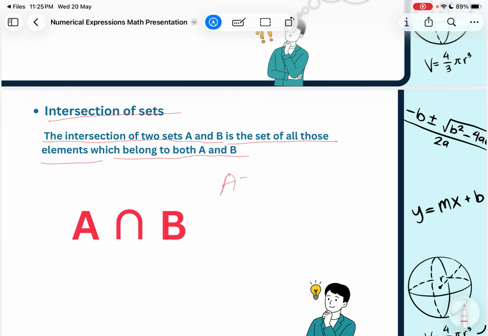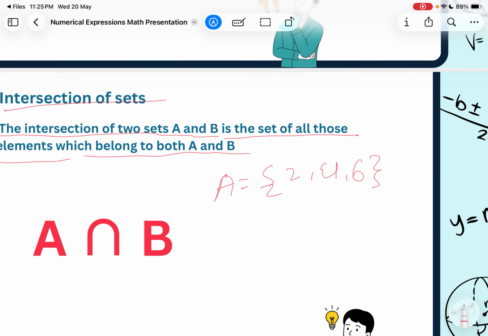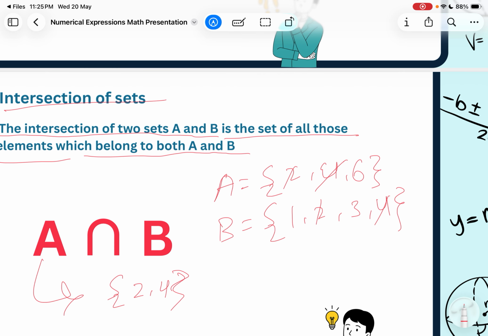So if we have A equal to 2, 4, 6, and B equal to 1, 2, 3 and 4, what will be the common elements? 2 is there in both sets, 4 is also there in both sets. So the answer will be 2 and 4, right?